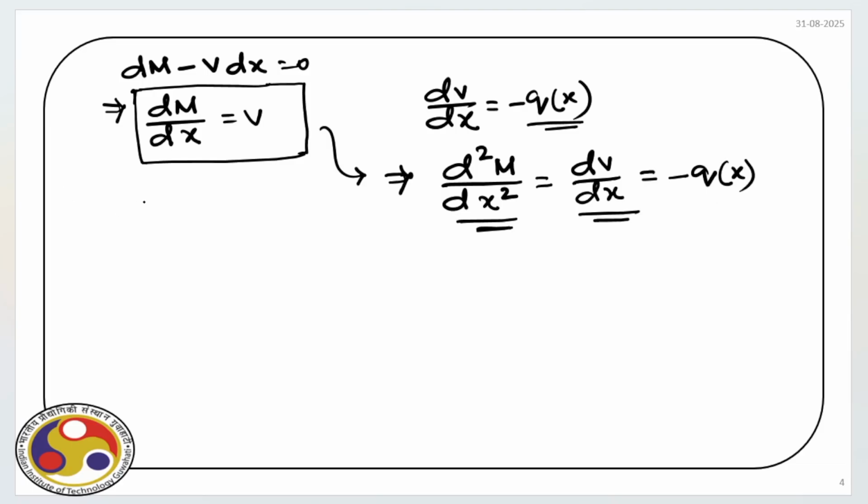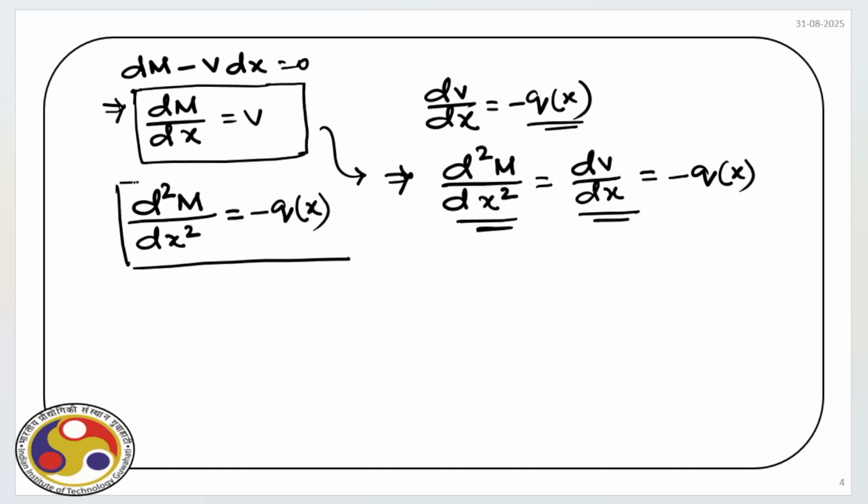So effectively we get d2M by dx2 is equal to minus q(x). So these are the three relations that are very important for the bending of the beam. If we differentiate shear force with respect to x, we get the negative of the intensity of the load.